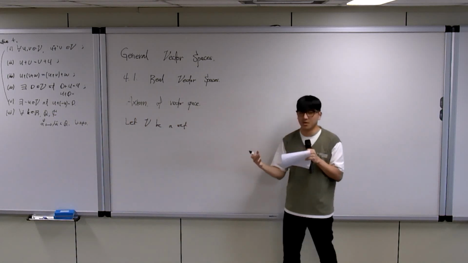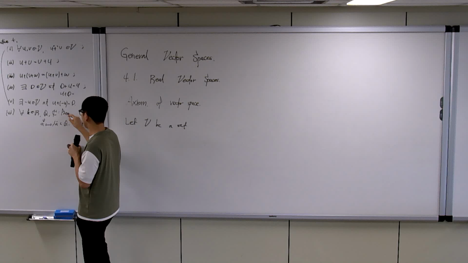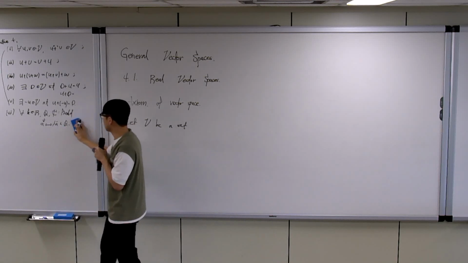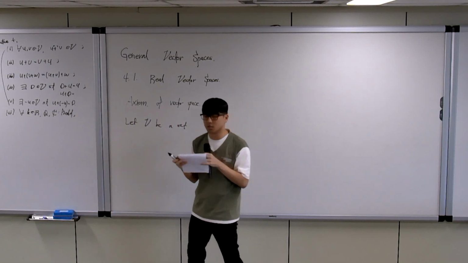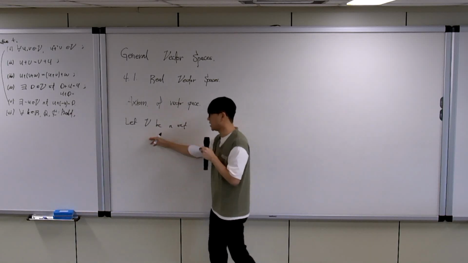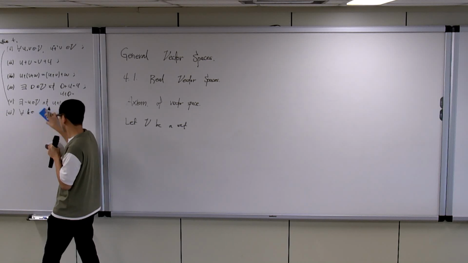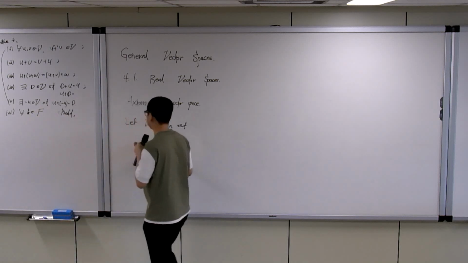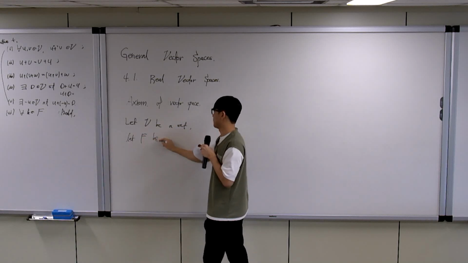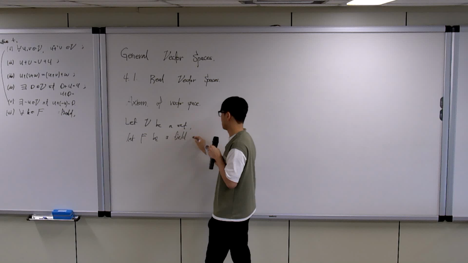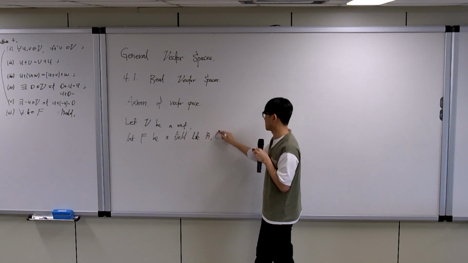This set will be called a field, and for a field we can define the scalar multiplication on the vectors in the set V. So I will write the field as F, to be a field like the real numbers, complex numbers, or rational numbers.